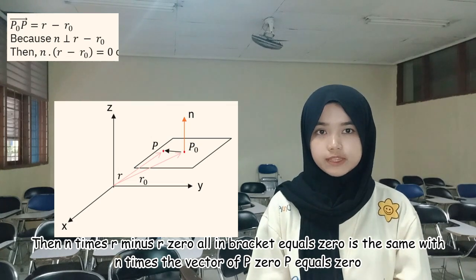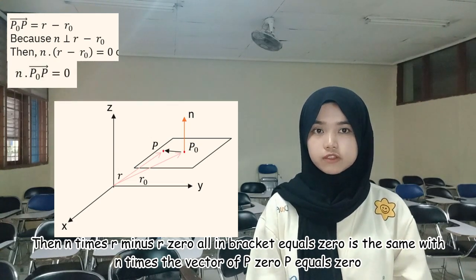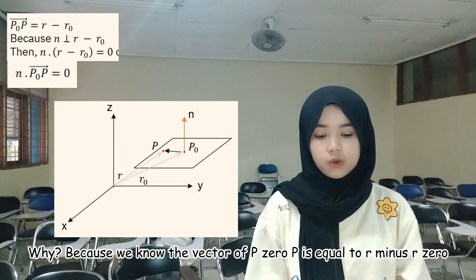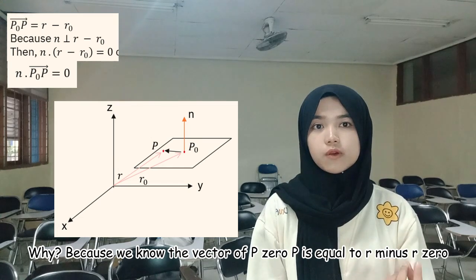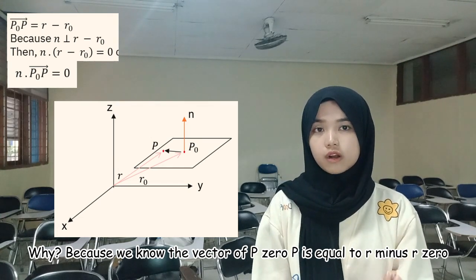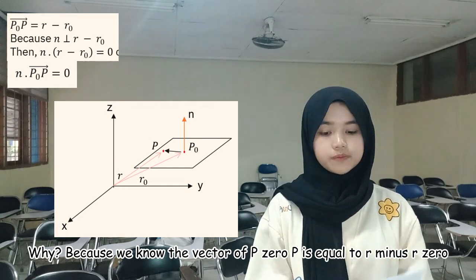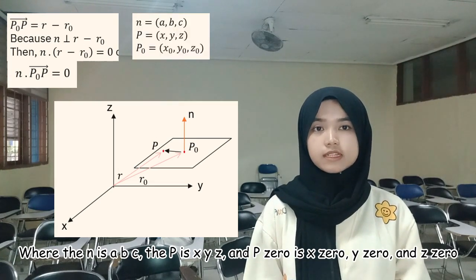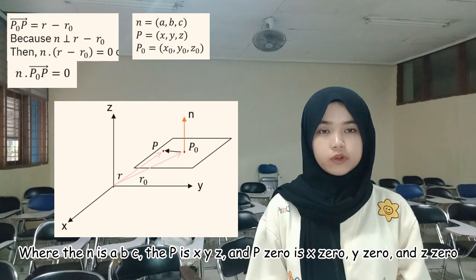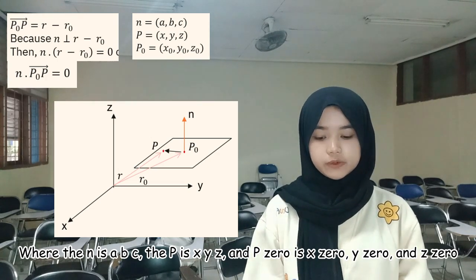This is the same as n dot the vector P0P equals 0. Why? Because we know the vector P0P is equal to r minus r0, where n is (a, b, c), P is (x, y, z), and P0 is (x0, y0, z0).